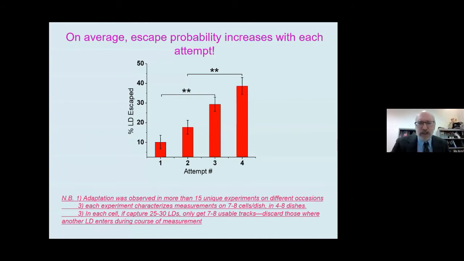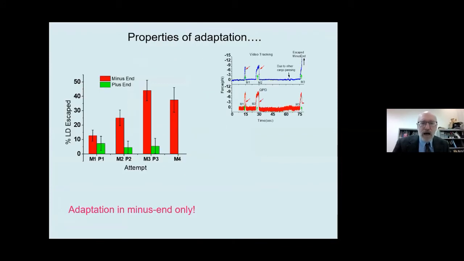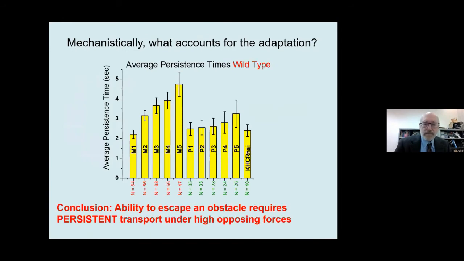And so that was interesting, because it looks like it's somehow adapting. It only happens in the minus end direction. So in the minus end, you see in this case, up to about attempt 4, there was an increase. But in the plus end, it's constant. On average, if you look at everything, it increases up to attempt 5.